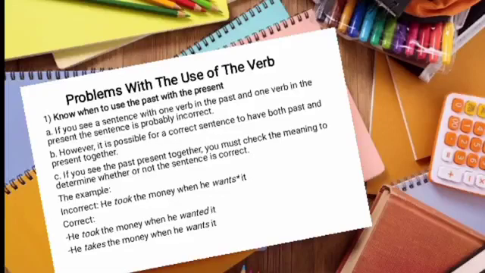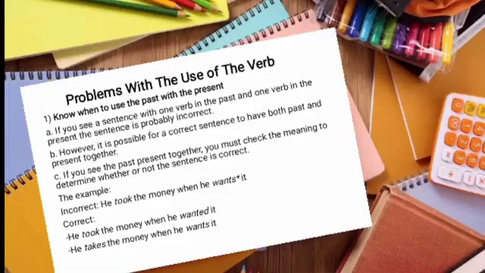People usually don't care about the past and the present in one sentence. So, if you see a sentence with one verb in the past and one verb in the present, it is probably incorrect. However, it is possible for a correct sentence to have both past and both present together.